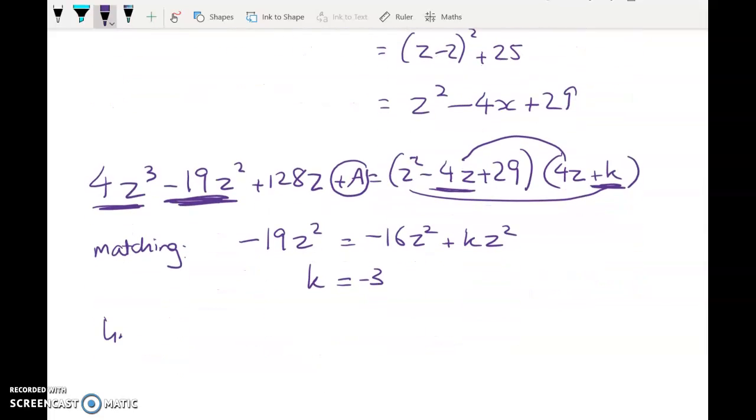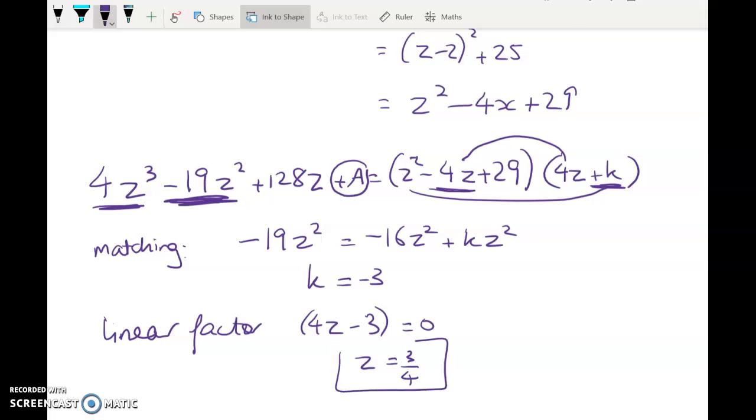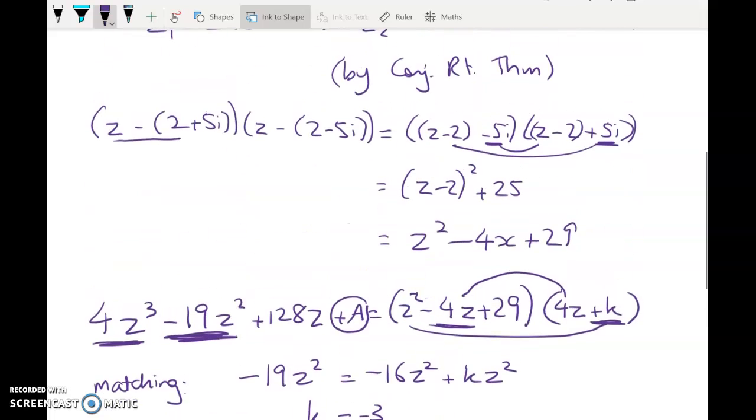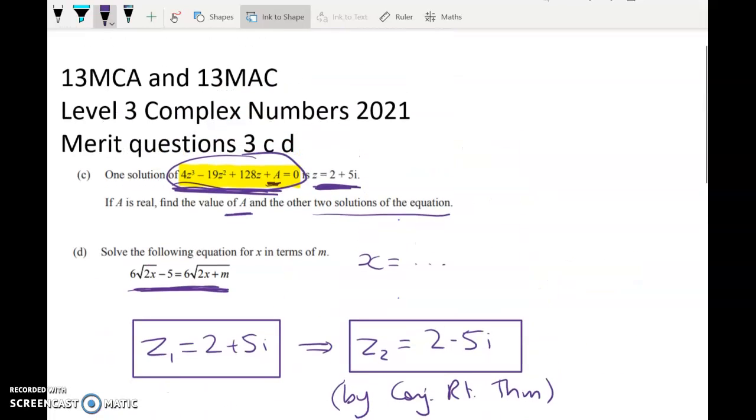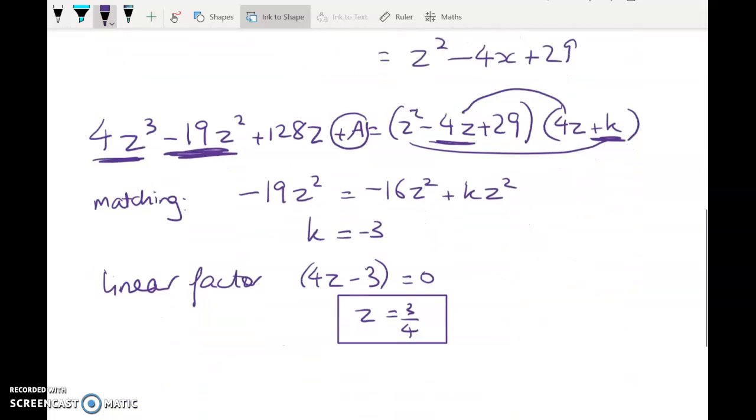So that means that the last factor, or the linear factor, is 4z minus 3. And that will equal 0 when z is equal to 3/4. So now I've found my three solutions. I've got z equals 3/4, and I've got the first one we were given. So these are the three solutions, but I also have to find the value of a.